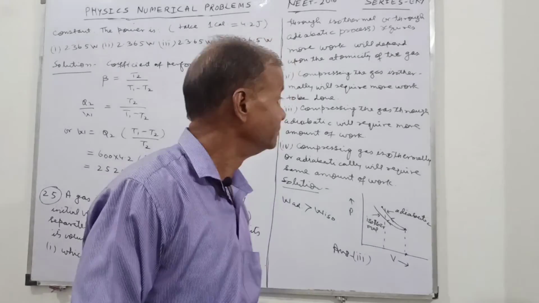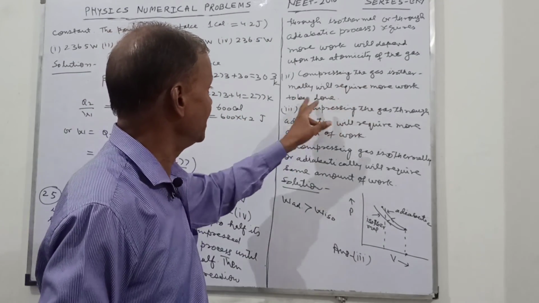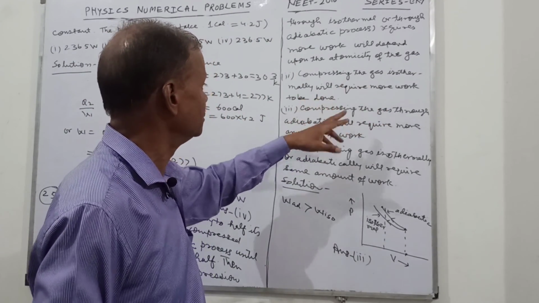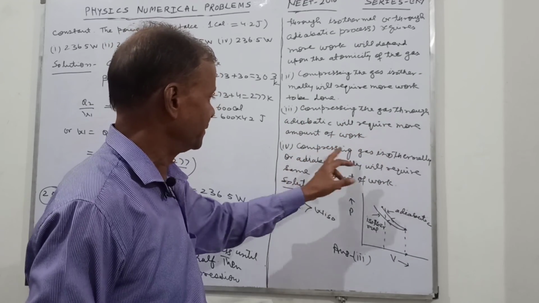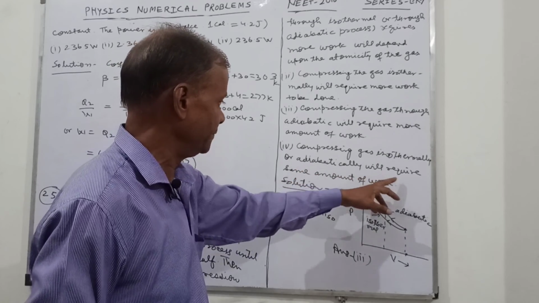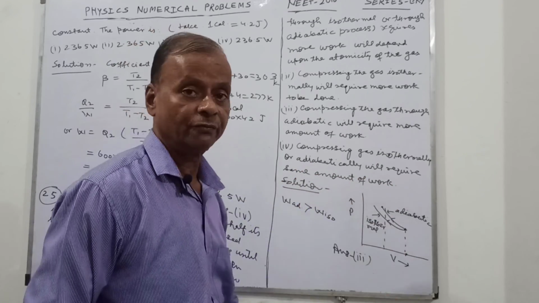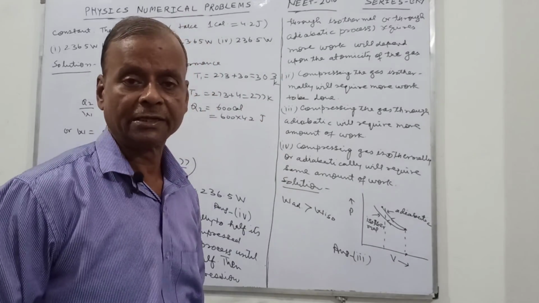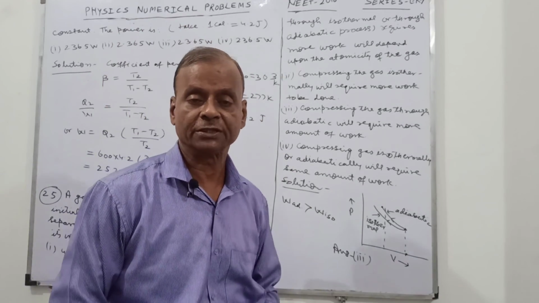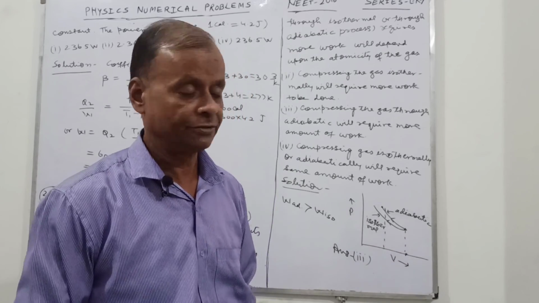Compressing the gas isothermally will require more work. Compressing the gas through adiabatic will require more work. Compressing the gas isothermally and adiabatically will require the same amount of work. These three options are in right language, but the first option is in the wrong language.